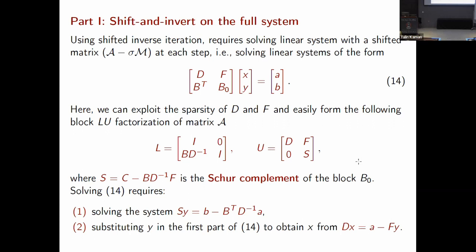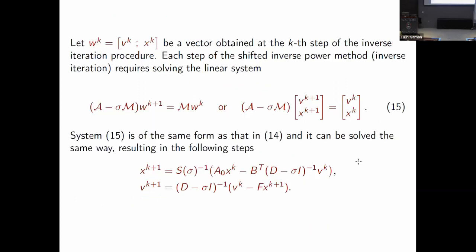We can formulate the LU factorization of this shifted matrix and use the Schur complement to rewrite this problem. And if we rewrite this problem, we actually end up with a two-stage procedure. So we have iterates over x_{k+1} and over v_{k+1}.